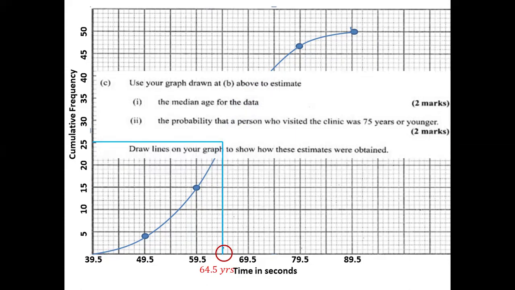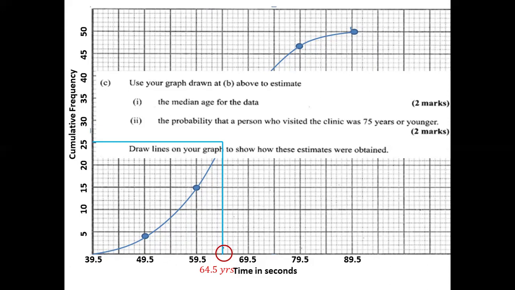Good. Then we have the probability that a person who visited the clinic was 75 years or younger. By the way, let me just make note to what's happening at the last line here. Draw lines on your graph to show how these estimates were obtained.